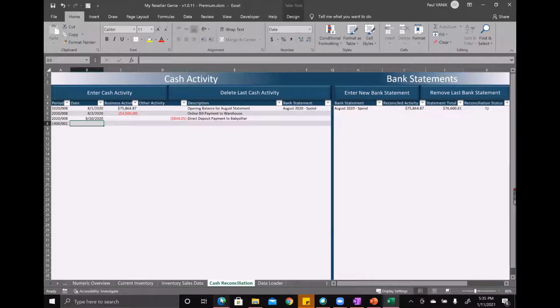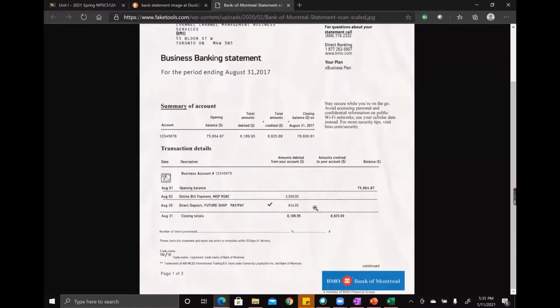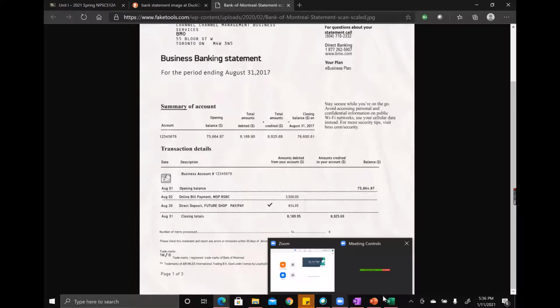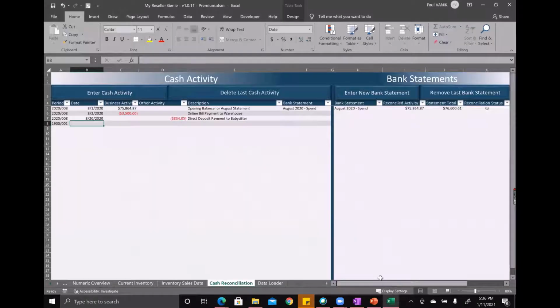All right. And then it looks like they're not giving us the detail for this amount credited. Typically on a bank statement, you see this is page 1 of 3. On a bank statement, they'll typically have electronic activity and check activity broken apart. So maybe the amounts that make this up were all checks. But I'm going to go ahead and enter it in. 8,925.69.